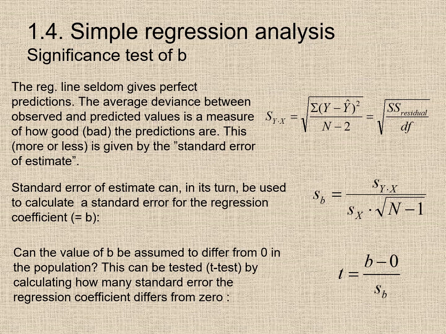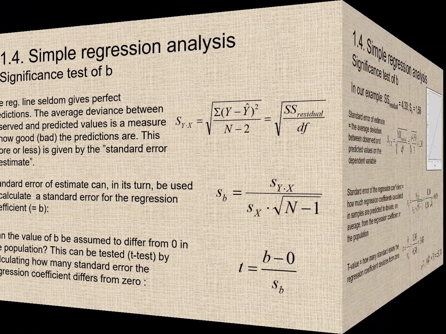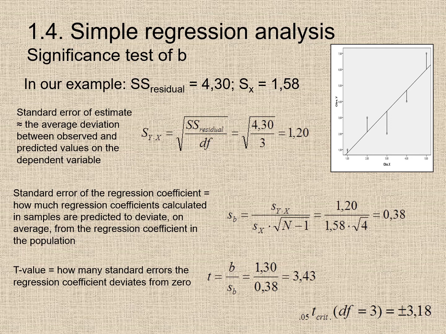Okay, let's take our example here. So we can calculate the residual sum of squares, 4.3. Standard deviation on the therapy variable here, 1.6. We calculate the standard error of estimate, 1.2. It's not really true, especially when we have a small sample like this.